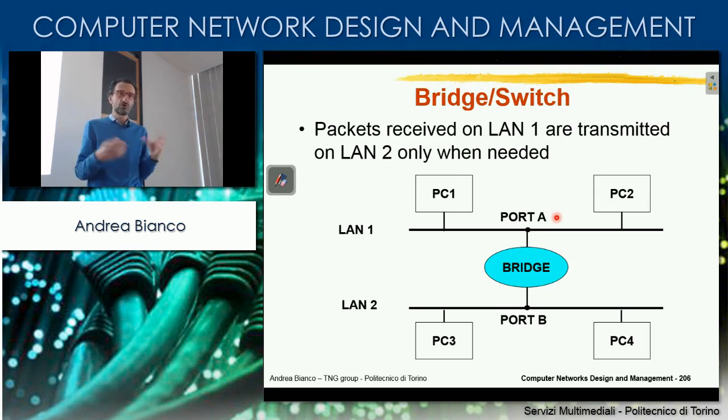If I have no idea about addresses and connection of hosts, the only way of ensuring transparency is to forward to any port, because in this way, for sure, I will also reach the destination. But this is something that we want to avoid. So in order to avoid that, we must have switches knowing something about host addresses. Otherwise, there would be no way. So the question is, how do switches know addresses, and how do they operate once addresses are known?